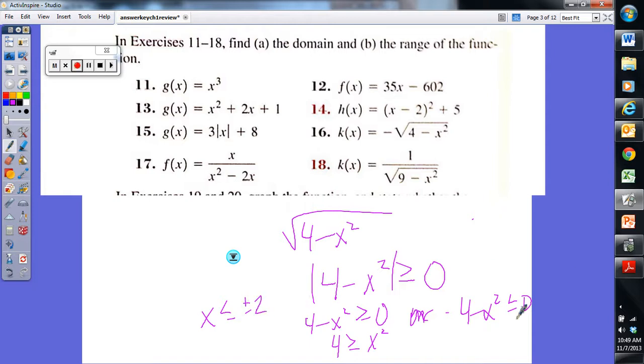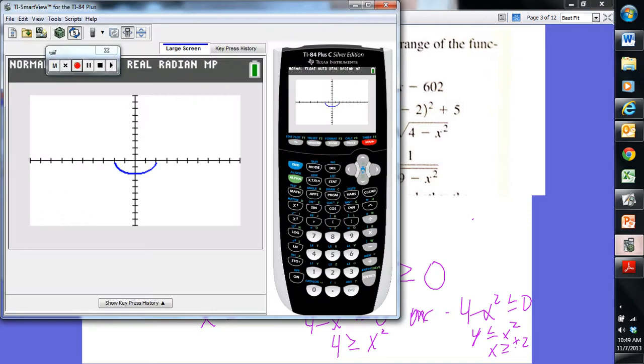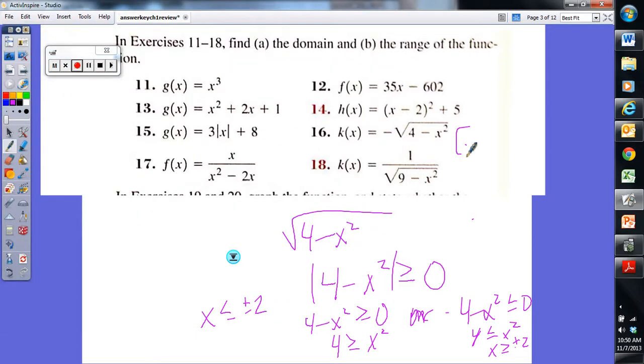That doesn't really make sense. And here I get 4 is less than or equal to x squared, so x is greater than or equal to plus or minus 2, and it just doesn't make sense to me. So I have to go back to my calculator and say, oh, it's because it's between negative 2 and 2. So the domain goes from negative 2 to 2.